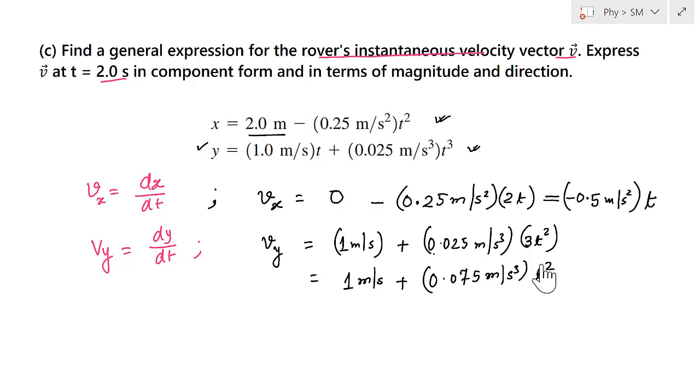So once I know Vx and Vy, I can basically write V. V is nothing but Vx i cap plus Vy j cap.